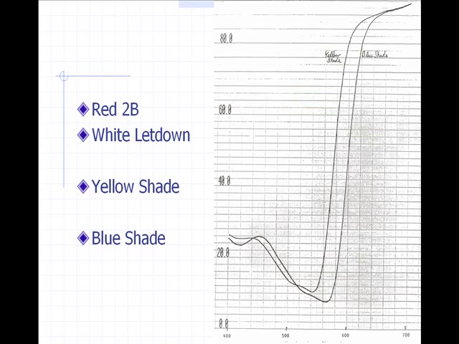There's a little difference, but mainly it's the same. The difference is the wavelength where that inflection takes place. The one on the left is our yellow shade. It occurs at a lower wavelength. The one on the right is the blue shade, and that inflection point takes place at a higher wavelength. Seeing where that point is, we can determine the hue of the color.